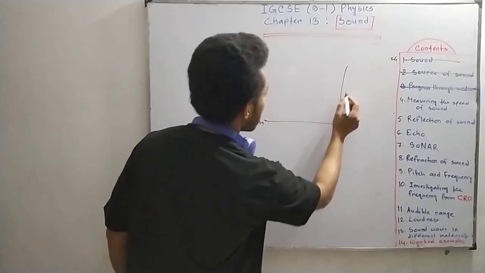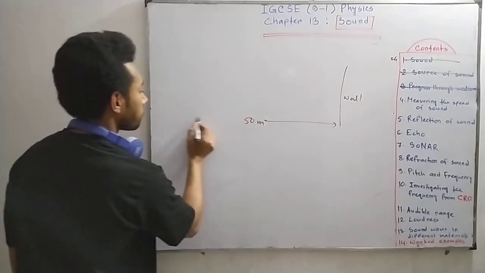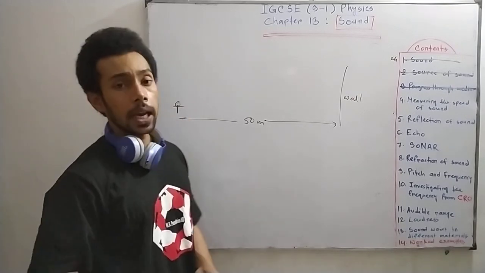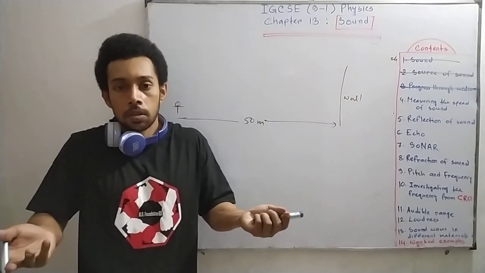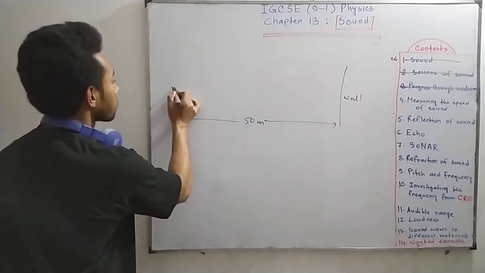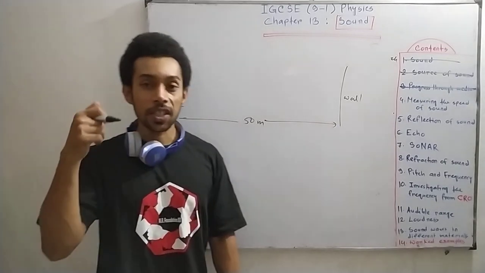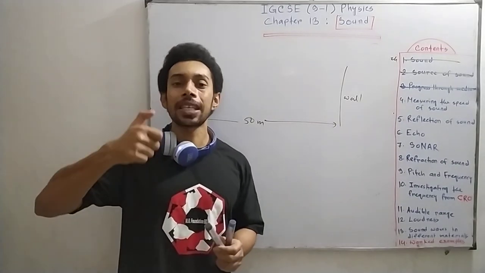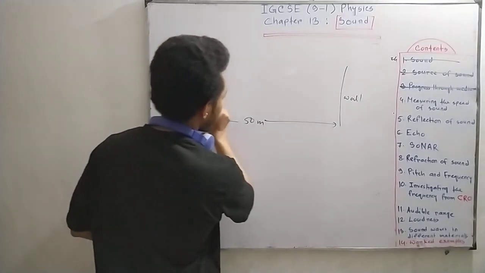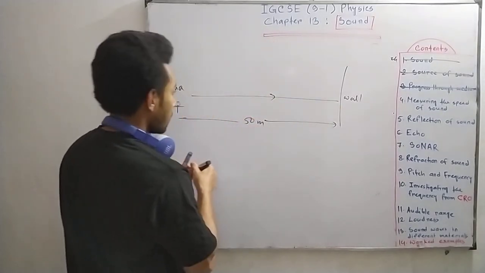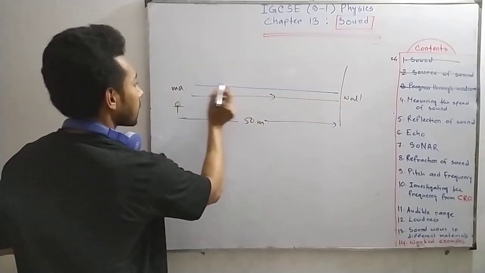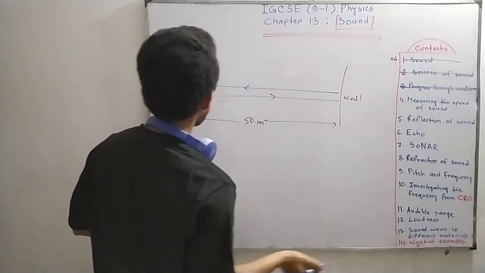Suppose you are standing 50 meter from a large wall, and you shout "ma." When you shout, you start the stopwatch, and the sound will travel in this direction, be reflected from the wall, and return to you.